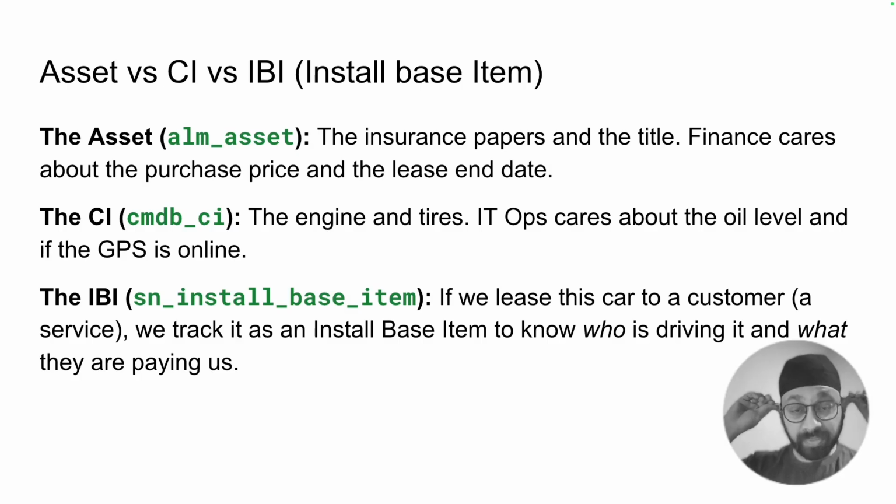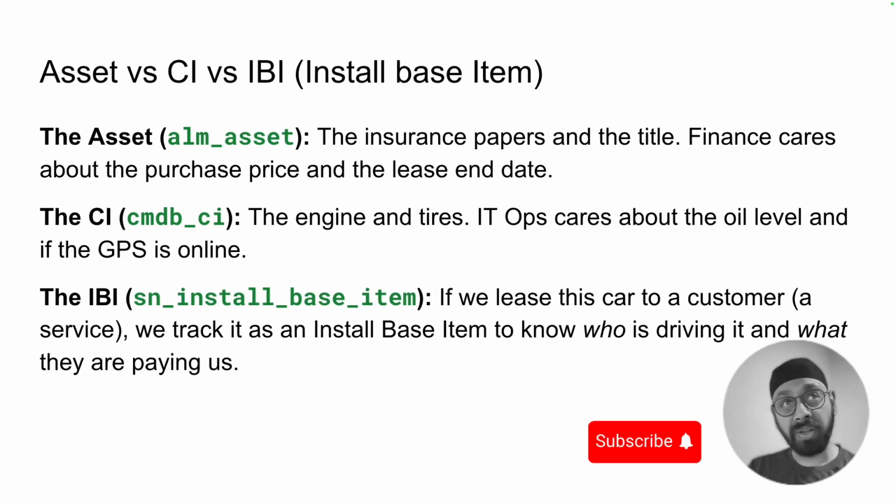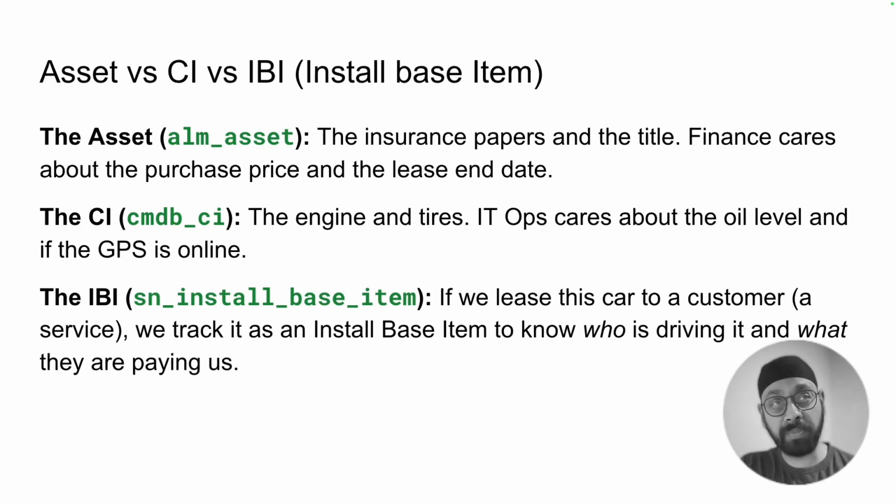All right, so the first triangle we need to understand is what is an asset. The asset is the same item as a CI, but it holds the financial part. For example, if you own a car, I have an insurance paper, I have a driving license, I have papers of the car.